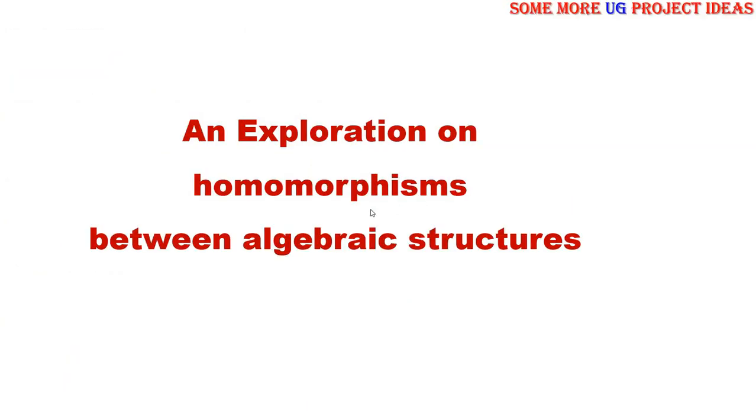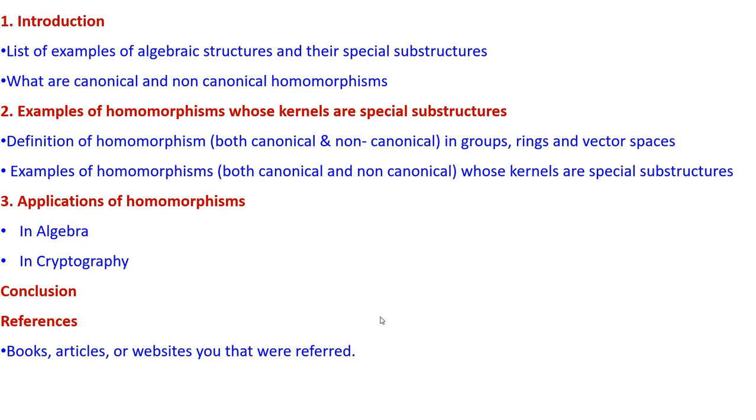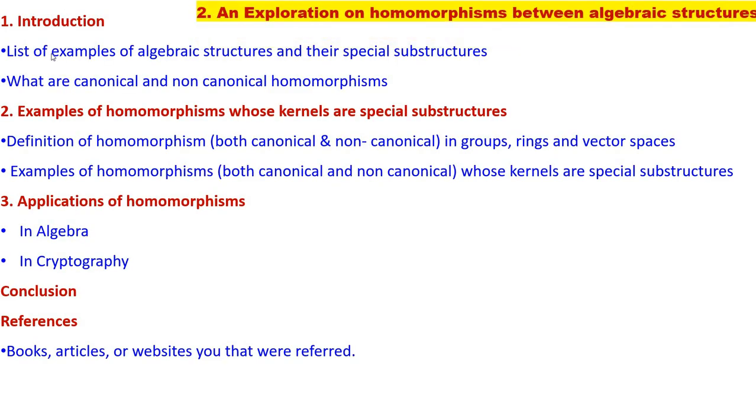So next is an exploration on homomorphism between algebraic structures. In this you give the list of algebraic structures, whether it is groups or rings or vector spaces. You have a lot of examples, so you can list them in the preliminaries, actually, not in the introduction.